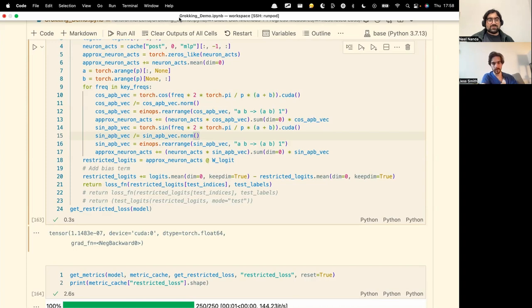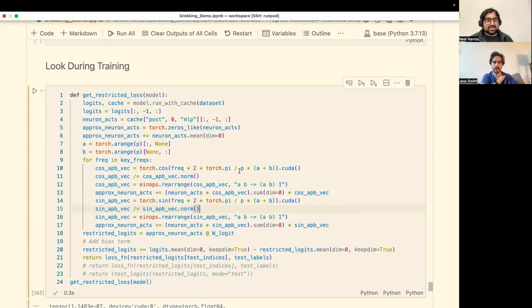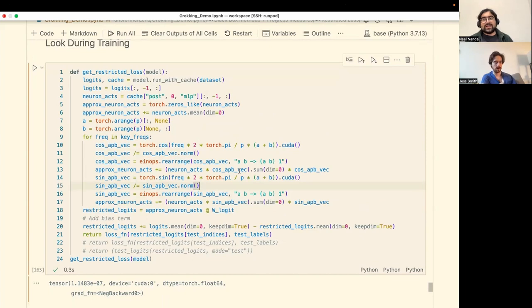I think that also a really important skill is being able to look at the evidence you have and try to break it. For example, one of the things I'm doing in this messy restricted loss code is making it so the neuron activations are only a function of a plus b mod p, because sine a plus b and cos a plus b are only a function of those.